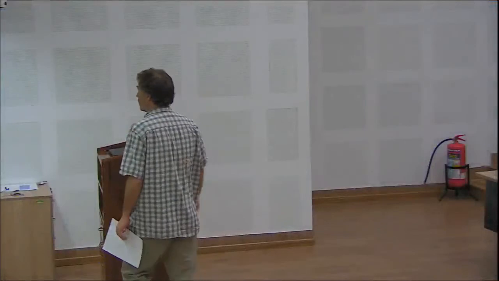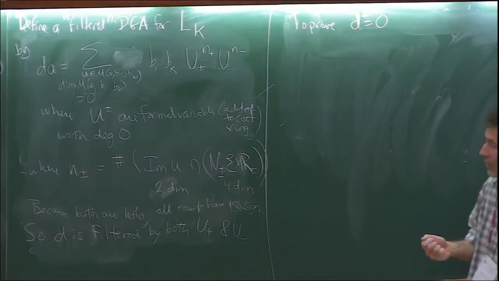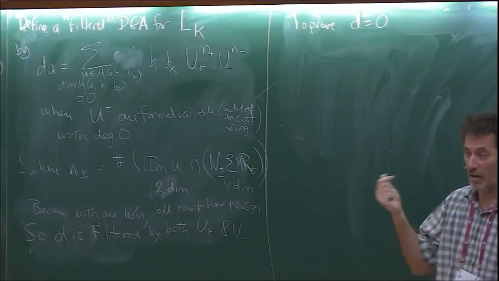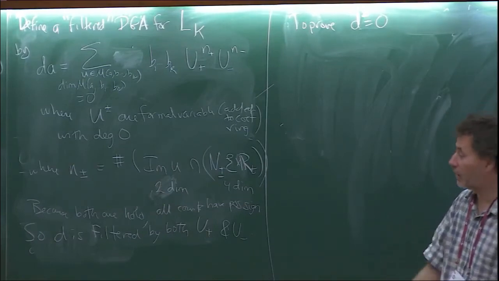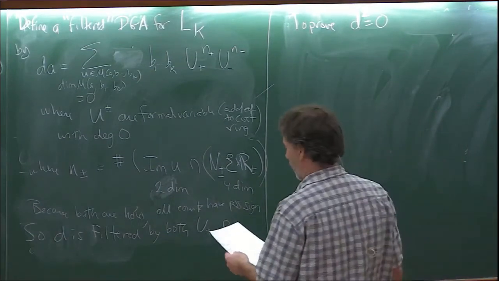Okay, so to prove d squared equals 0, we're going to do the same kind of marked point argument that was done in the previous talk at the very end, although more generally.